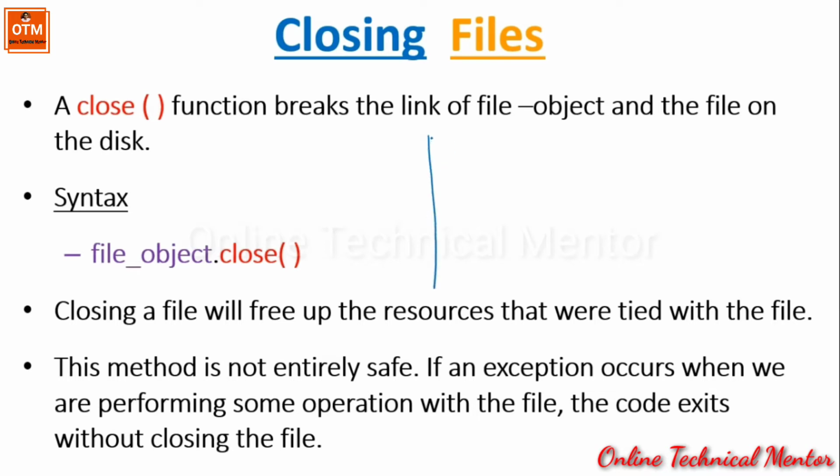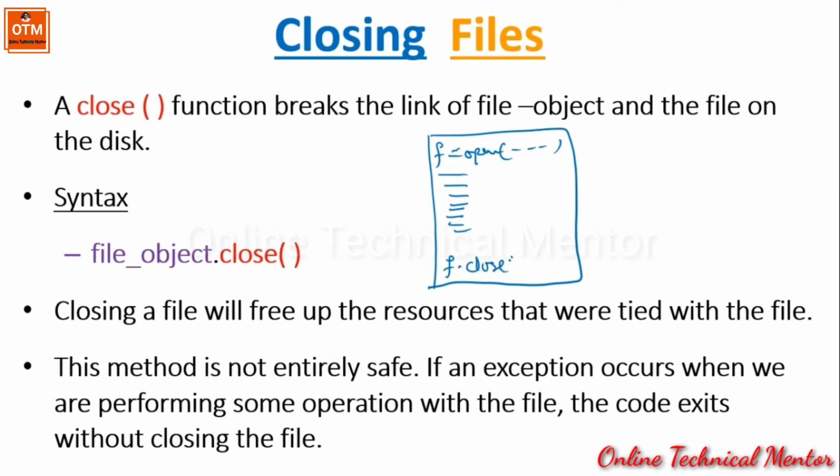But look at the situation. Suppose you have a file like this and you have opened a file from here. Now you have some code, and at the very last line of your program there is the close function. What will happen if an exception occurs in between the open and the close? When the program gets interrupted over here, the program will stop right from here.